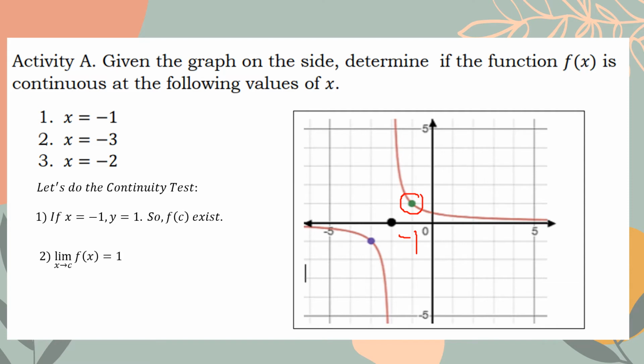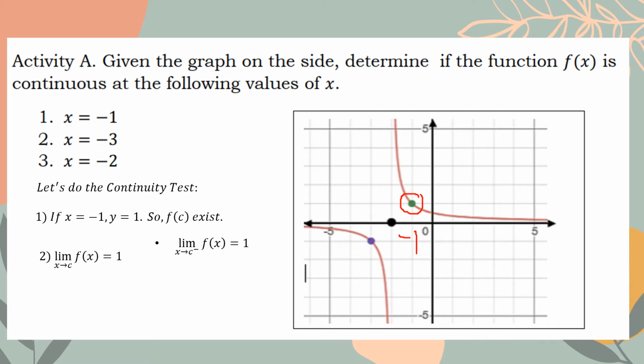Next, we also have the limit of f of x as x approaches c. The answer here is 1. Let's try to prove it. We have the limit of f of x as x approaches c from the left. Because we are given the graph, we have to evaluate it from the left and from the right. It's -1, sorry. From the left, which graph do we use? The one in quadrant 1 and quadrant 2.